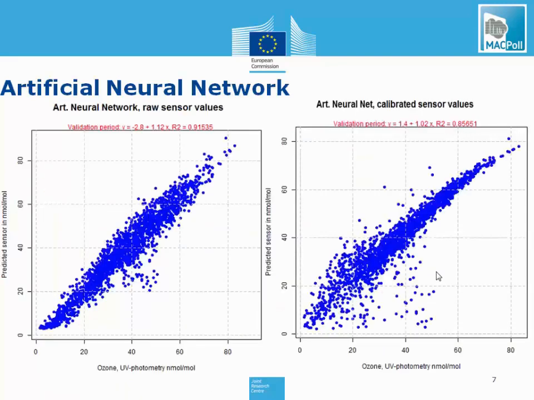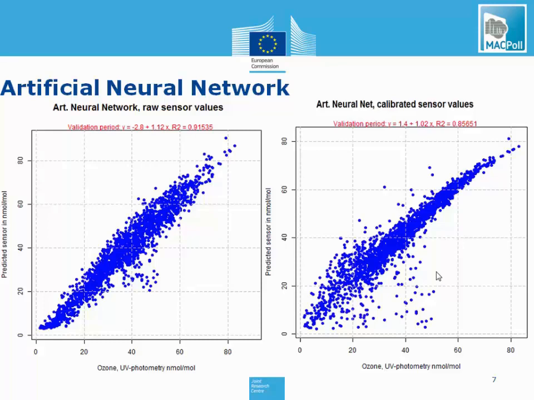Those are the scatter plots of the predicted value against the reference measurement. As you can see on the left part, already on raw sensors, without any data treatment, they are what they are, and we just apply the neural network. We achieve 0.91 for the correlation factor.